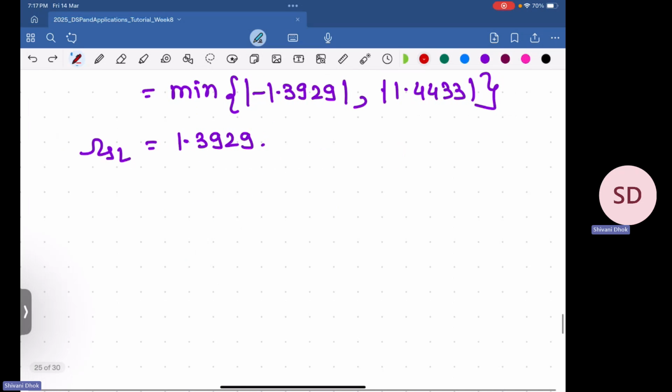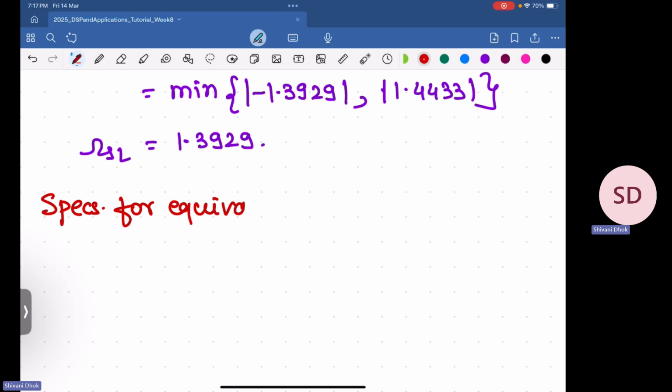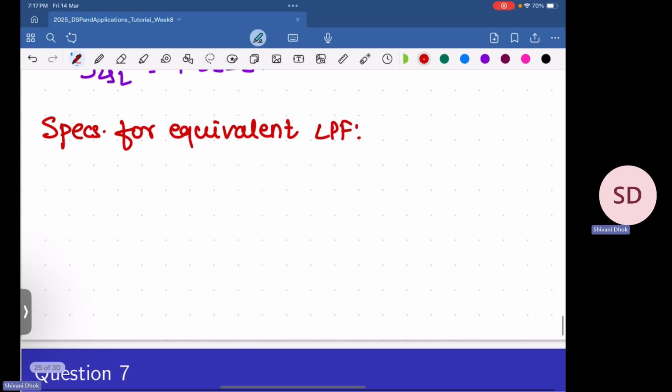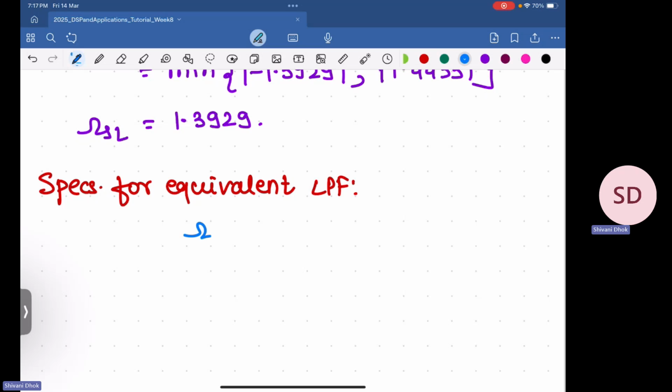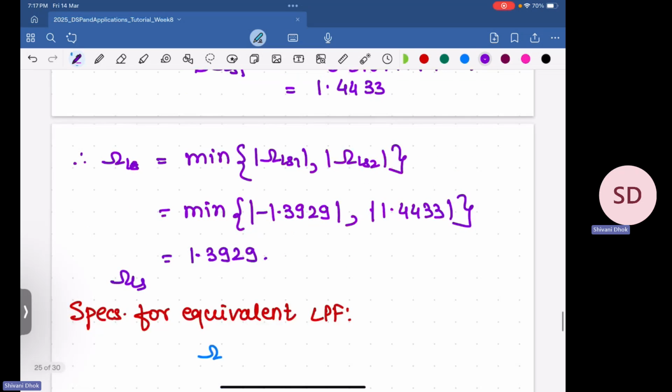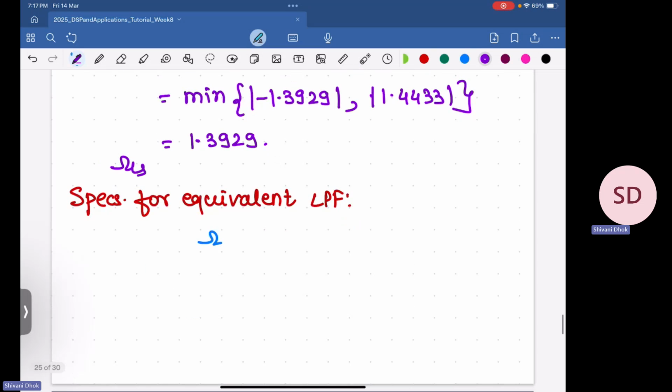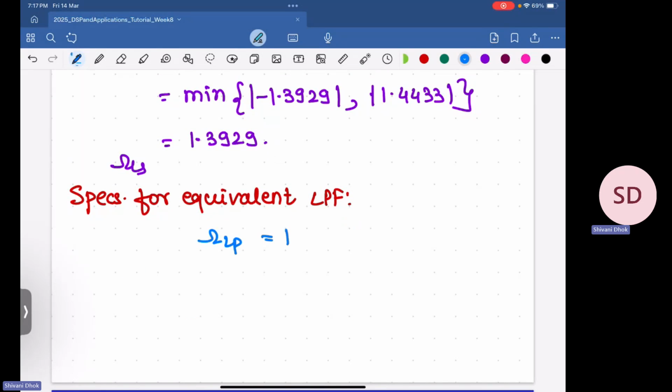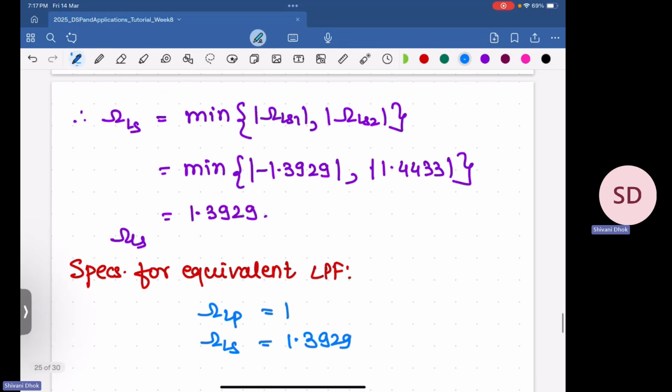Okay, so now what we have are the specifications for the equivalent low pass filter. For this we have omega lp as 1. We have omega ls as 1.3929.